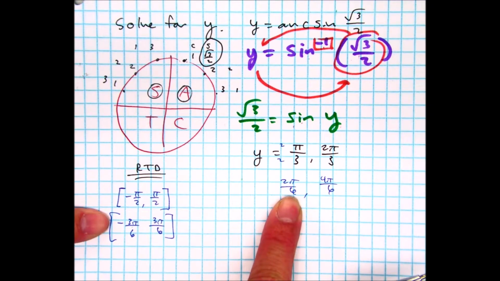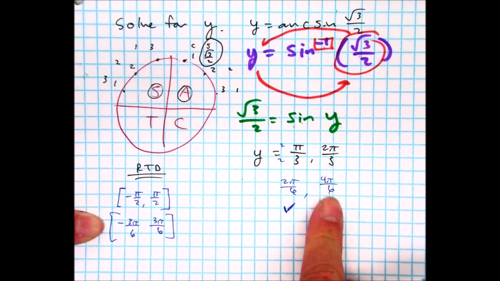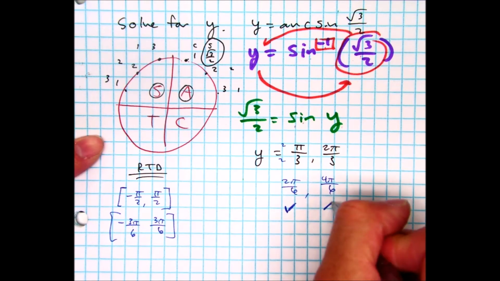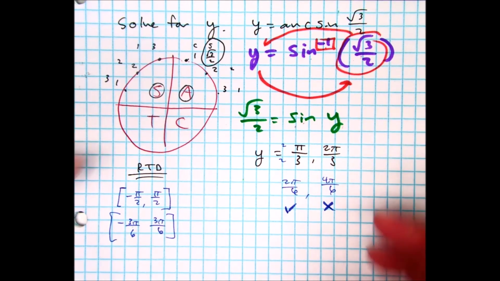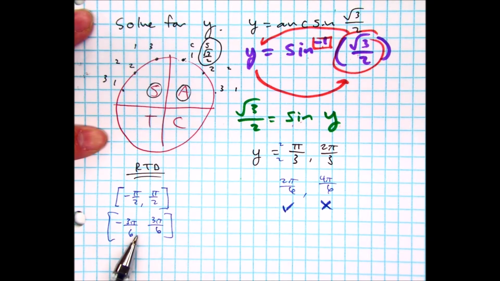Class, yes or no? Does this lie within my restricted domain? Yes, it does. How about this one? No. Now, hint. If both of them are not within here, what can you do? You can use coterminal angles.